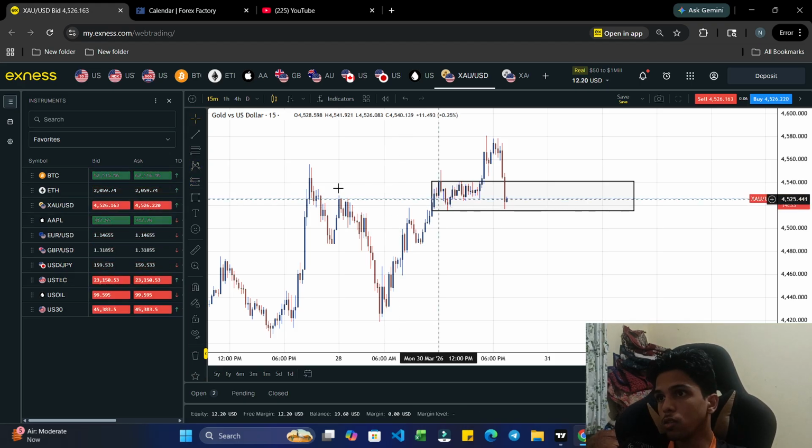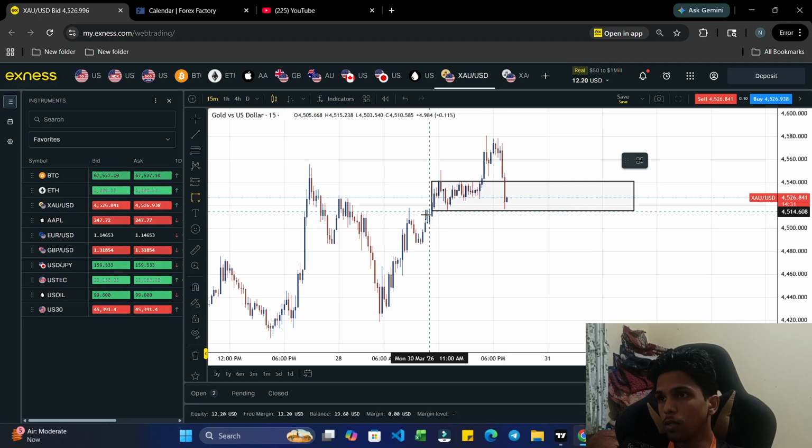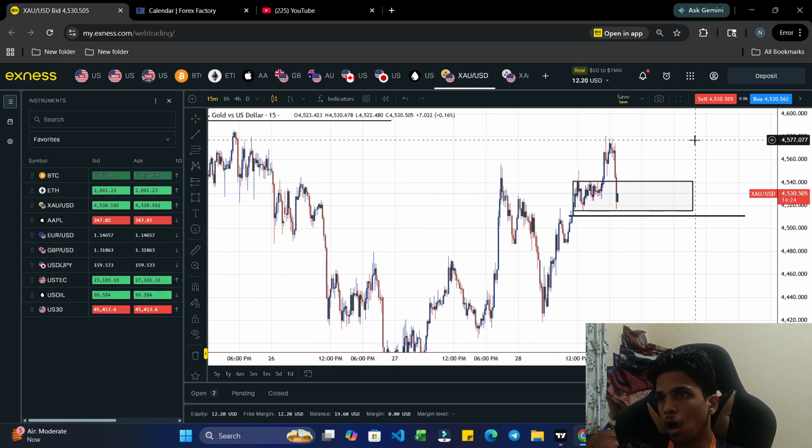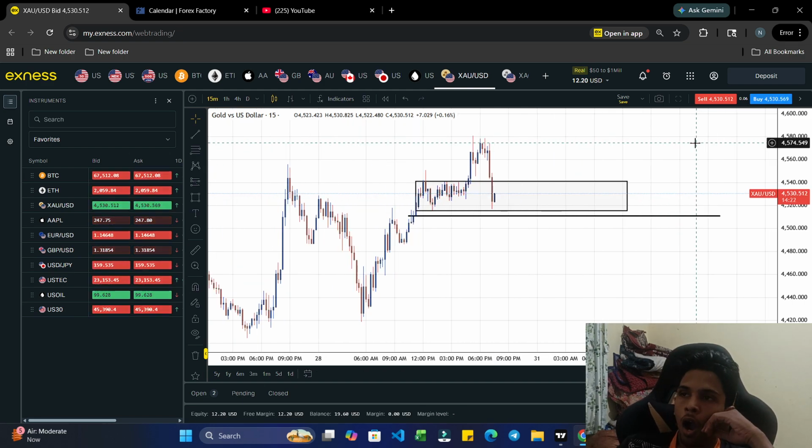This level has not been broken. Until this level is broken, we are not entering on this trade for the downside.